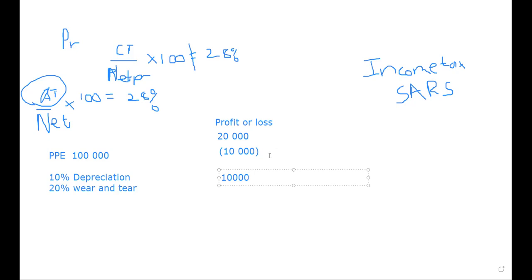So what does this mean? This means that we must account for an additional inclusion of 10,000 according to accounting, right?